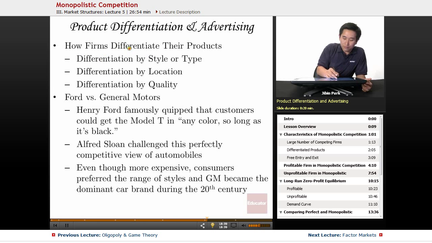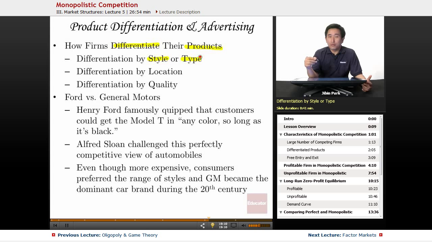Now, how can firms differentiate their products? 3 different ways. They can differentiate by style or type. And again, each firm is going to do whatever they can to try to gain market share. For example, in the 1970s, when the airlines faced regulations in terms of price floors, all flights basically were charging higher than the equilibrium.